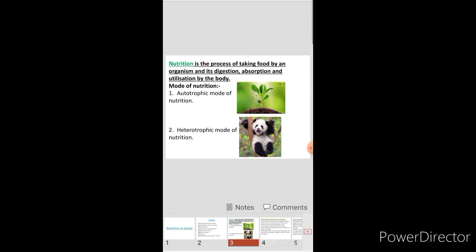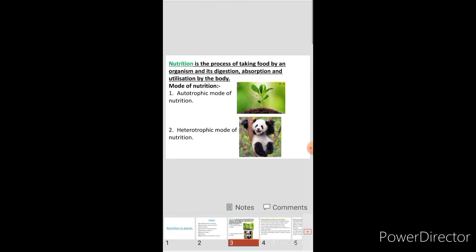So first we have to know what is nutrition, because the chapter name is nutrition in plants. Nutrition is the process of taking food by an organism and its digestion, absorption and utilization by the body.